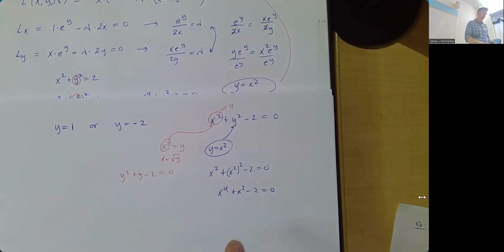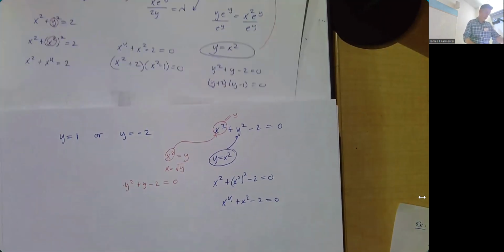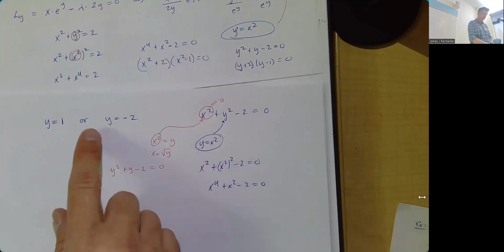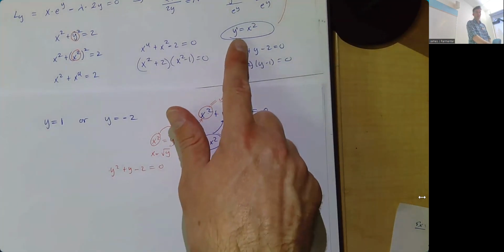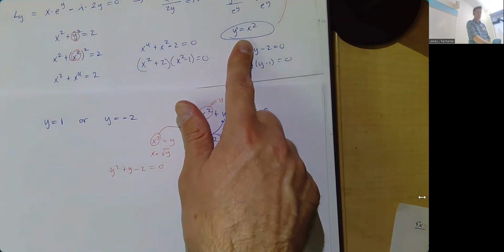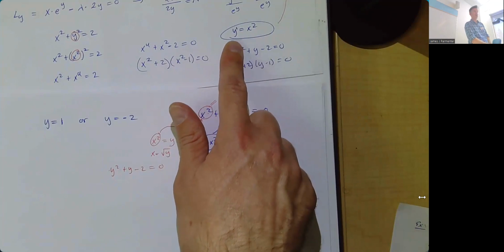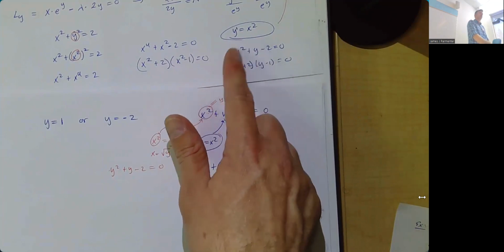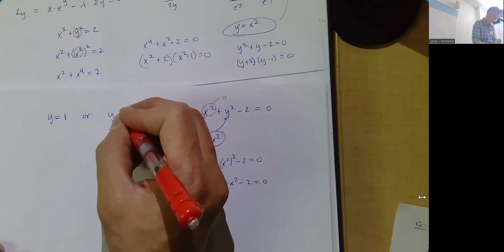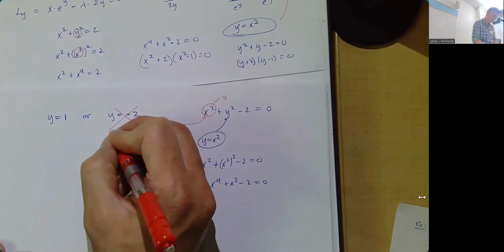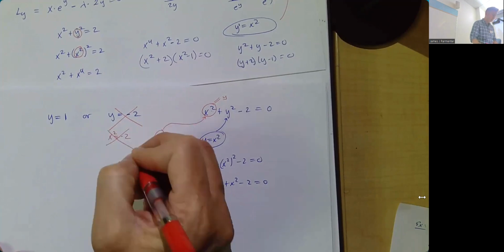Now, the thing to be aware of here is that even though we're getting two different values for y, I don't think one of them is going to work for us, because y has to equal x squared. And if y is negative 2, x squared can't end up equaling negative 2. So I don't think this part gives us anything, because if x squared equals negative 2, that's a no-go.